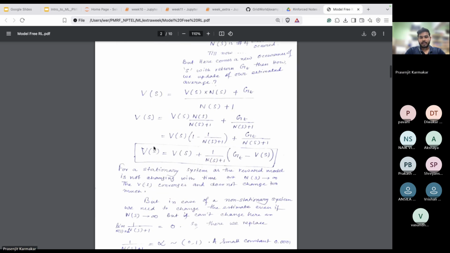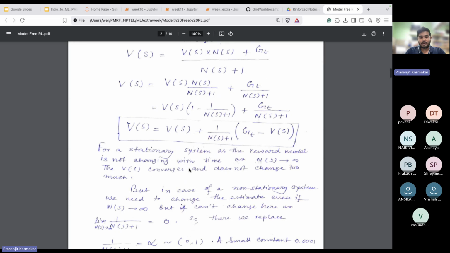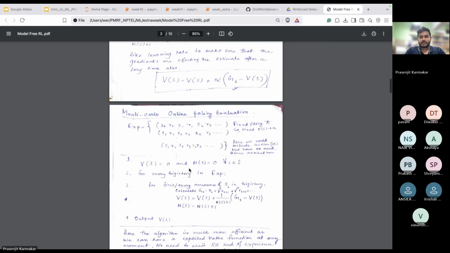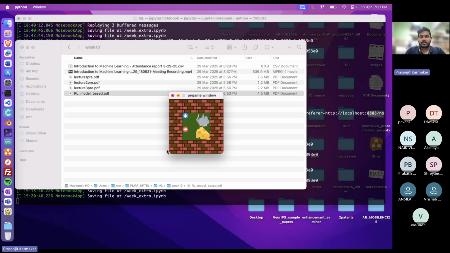So what is the average? Let me give you the mathematical representation, it is very easy.